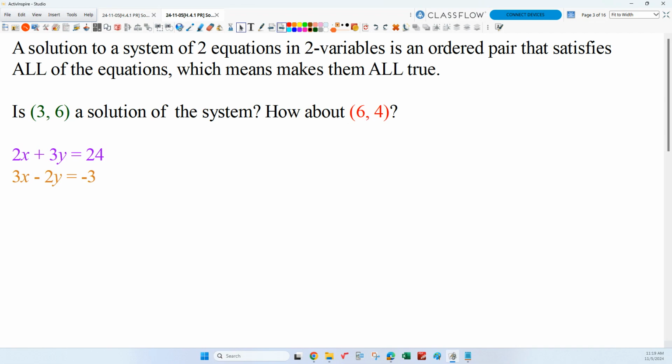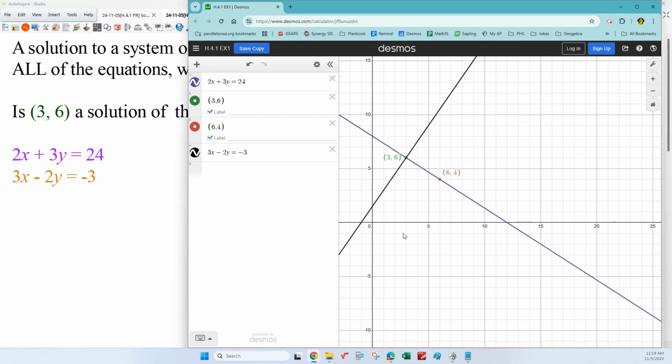On both. Okay, so if it's on both of them, what does that mean? It's at the intersection. Isn't that the only point that's on both lines, the intersection? Right? So that must be the intersection, and that red point was the solution to the purple equation but not the orange, so it must be some other point on the purple line but not the orange line, right? Okay, well, let's just verify that. Yeah, that's what we got. Good? Okay.